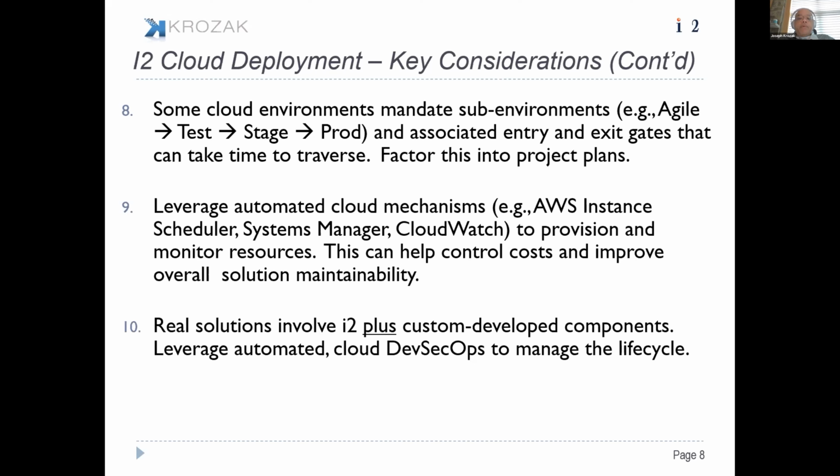Here's an example. It's definitely one from one of the major agencies in the US, but probably analogous in other countries as well. They'll have a development or an agile environment that you've got to meet the entry and exit criteria to get into. A lot of times that's involving security, vulnerability scans and mitigations, submission of architecture information up front to be reviewed by personnel before you can progress to the next environment, which is test, and then the next stage, prod.